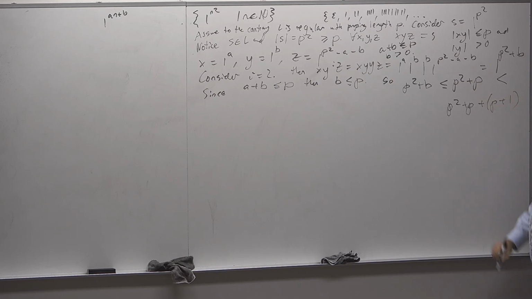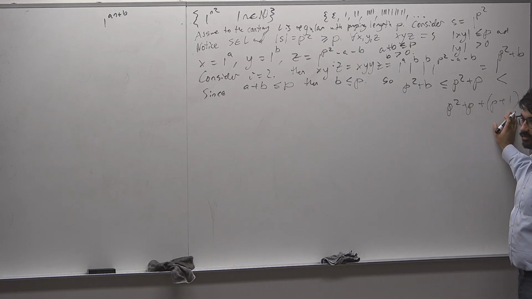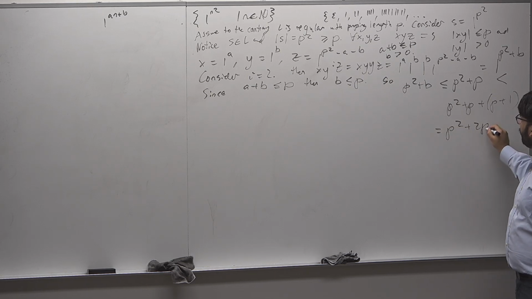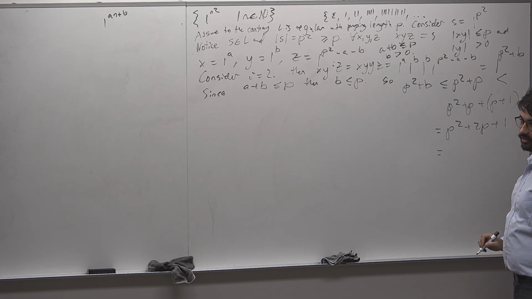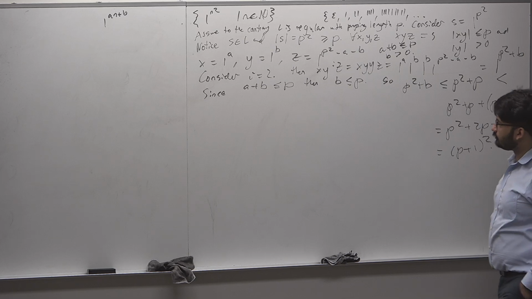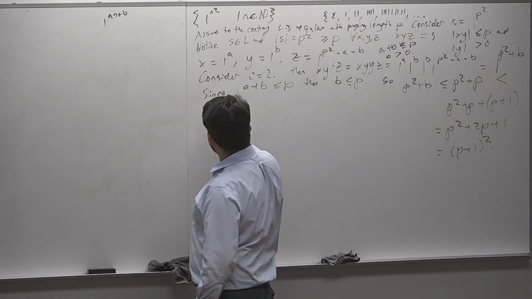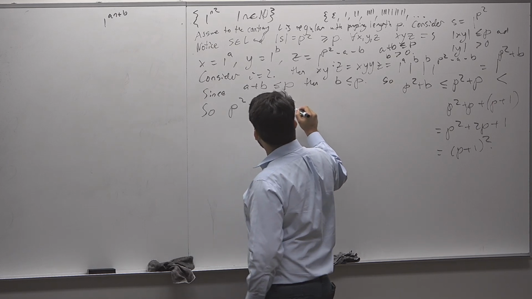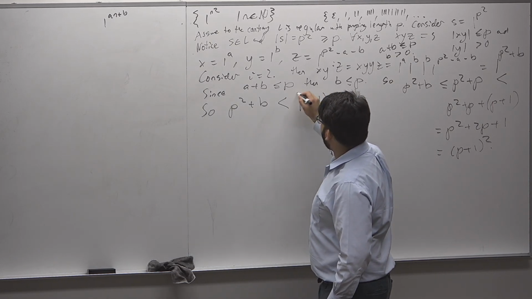If I just add on the positive term, the inequality holds. But P squared plus 2P plus 1 is just P plus 1 squared. So P squared plus b is strictly less than P plus 1 squared.